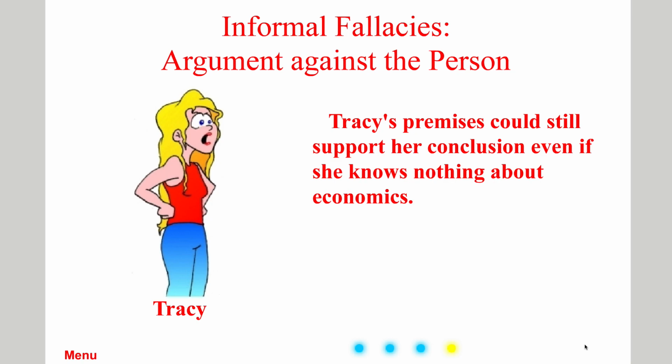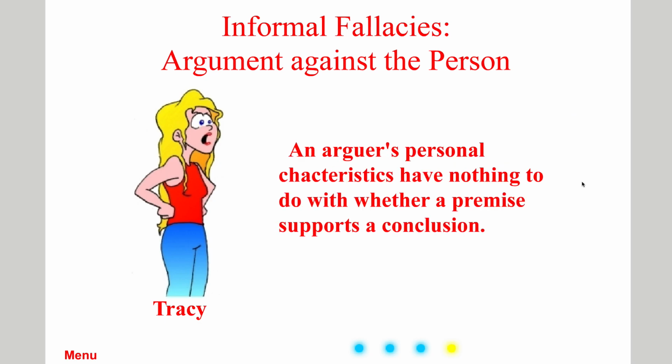Tracy's premises could still prove her conclusion, even if she knows nothing about economics. Right? That is about the tax code. Right? Now he's also going to say she doesn't know anything about the tax code, but an arguer's personal characteristics have nothing to do with whether a premise supports a conclusion. Again, always attack the premise, not the person. Okay?